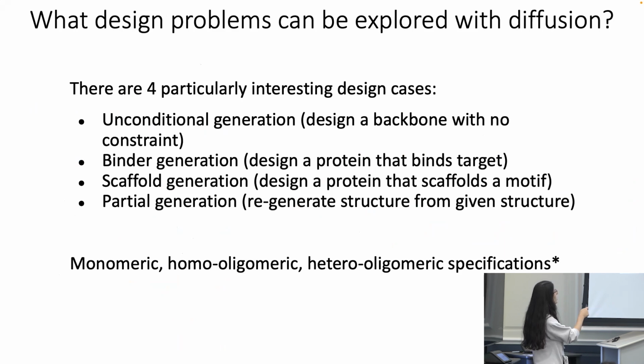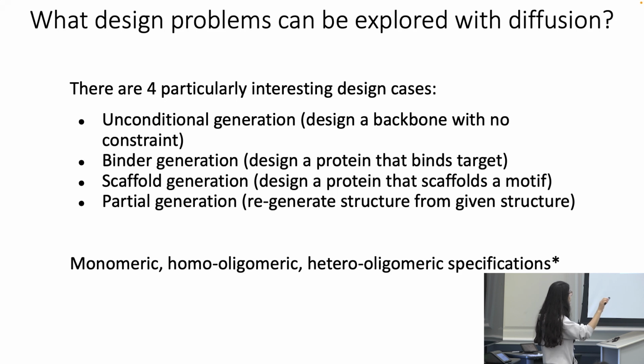Number 2 is, once again, we know our target, we know we want to bind it, maybe we know the interface, but we want to make new proteins that successfully bind it with high specificity and also high affinity. And then scaffold generation, once again, maybe we know exactly what motif we want to borrow from nature, so that part is clear to us. We just don't know what de novo protein can be designed around it.